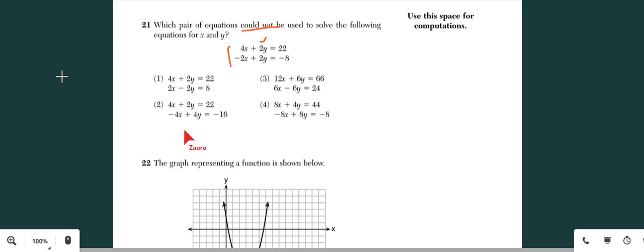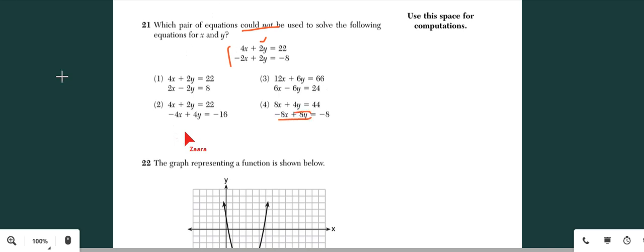Look at this one, what they are trying now. They multiplied the first equation with 2, right? So they got this equation: 4 times 2 is 8, 2 times 2 is 4, and 22 times 2 is 44. They multiplied the second equation with 4, but they only multiplied the left side of the equation.